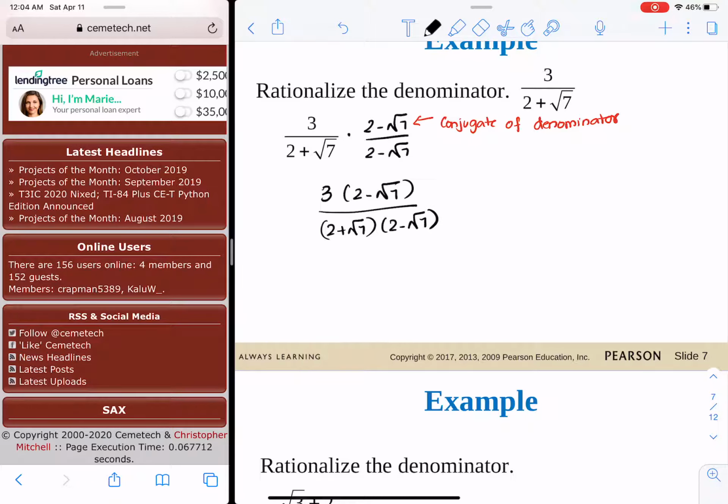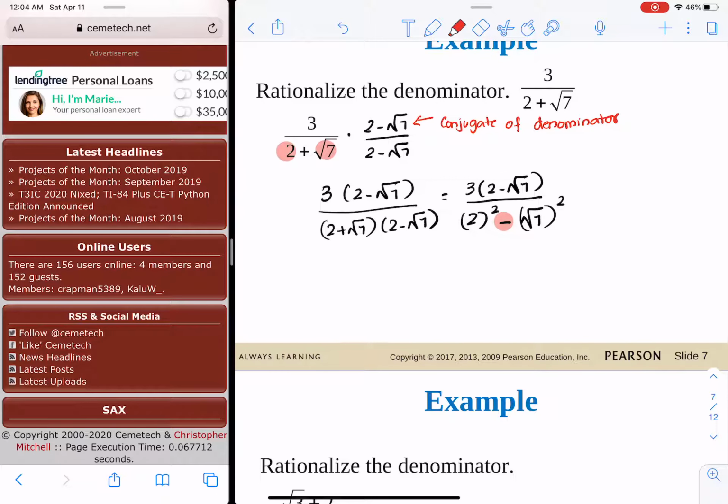If we just FOIL and we simplify, we would simply end up getting 2 squared. In other words, that term squared minus that term squared. And the minus in the middle is important.